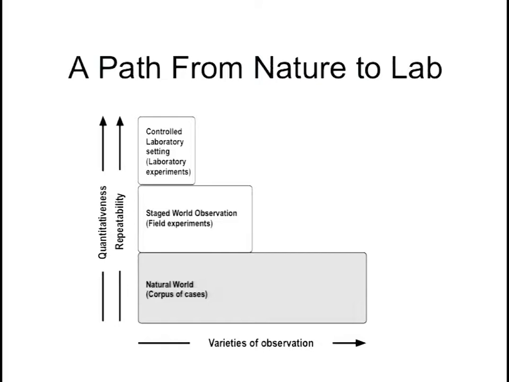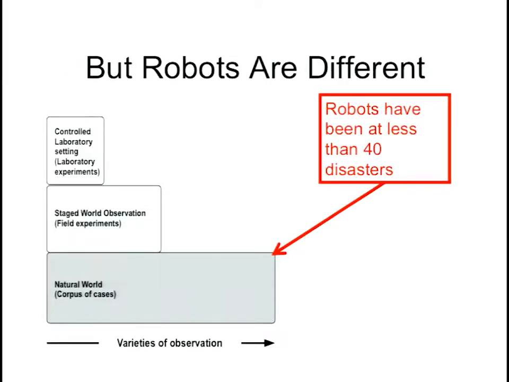Unfortunately for us, robots are different. We don't have any corpus of cases for the exciting ideas in robots, what's really working, all the possible effects. In disaster robotics, I try to keep a clearinghouse of the known disasters. Please, if you know of any that are not on my list at crasar.org, I'm counting about 40 deployments to disasters.